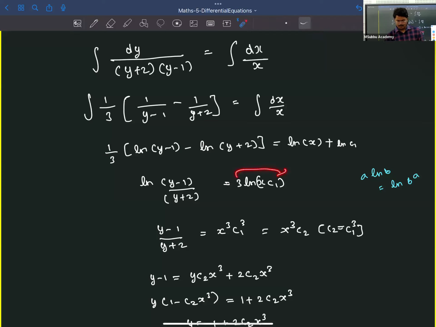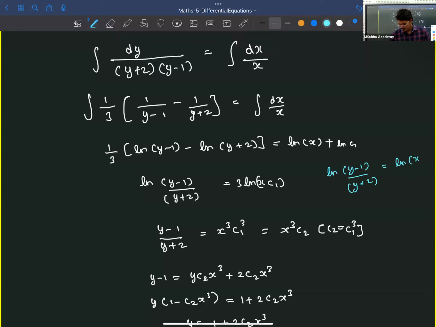Bring this 3, it will become a power term. So ln of y minus 1 by y plus 2 is equal to ln of x c1 whole cube, based on the property. Okay, so from this, the inside terms will be equal directly. You can just equate them.